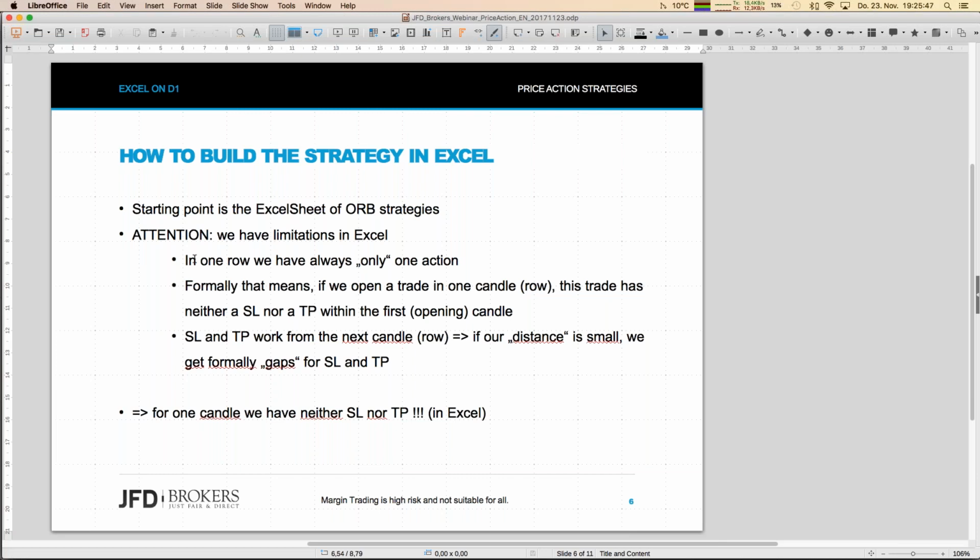That's simply impossible if you look at the four numbers of a single candle. So it's a limitation you always have when you deal with those kinds of strategies. The solution is simply to go down the time frame, because then you can distinguish what event happens first. But here we cannot distinguish between those.